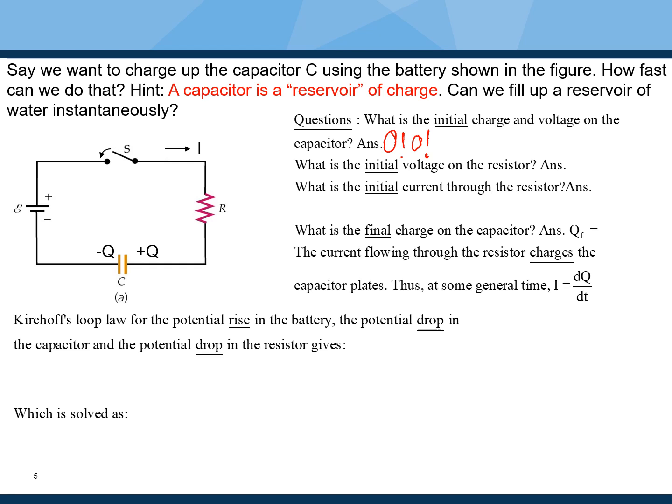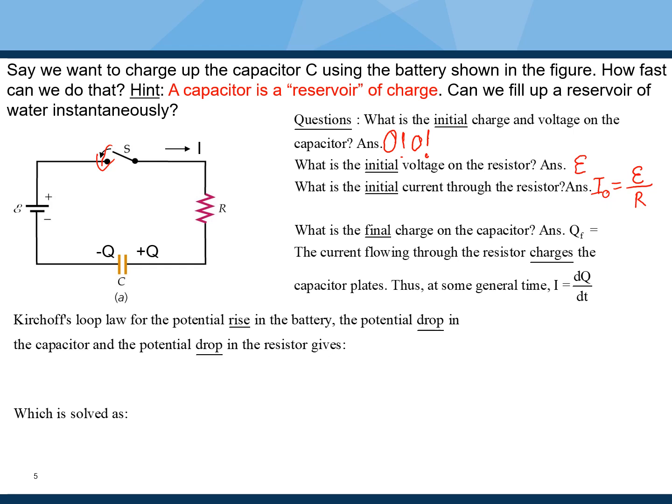So initially, when this switch is closed, the full voltage of the battery is exactly applied across the resistor. So we say that the initial voltage across the resistor is E, and therefore the current flowing across the resistor initially is just equal to E divided by the resistance R.